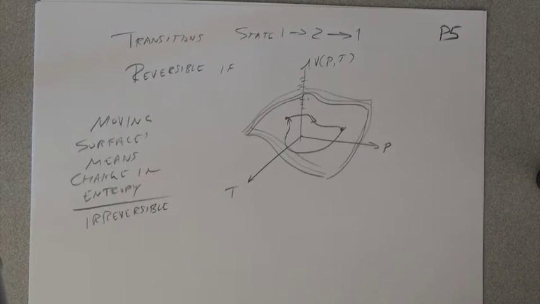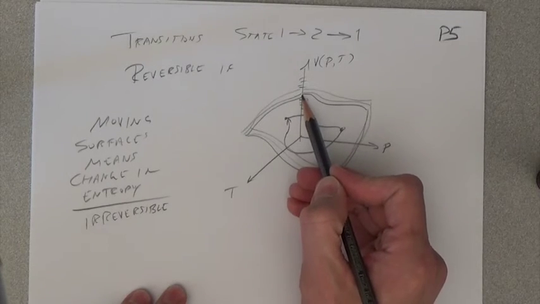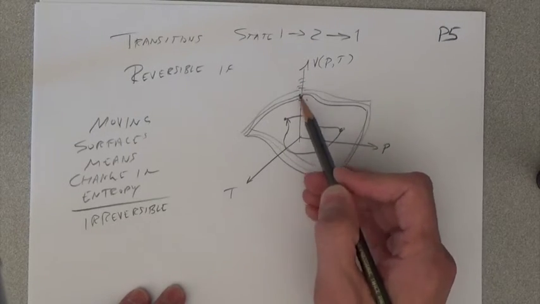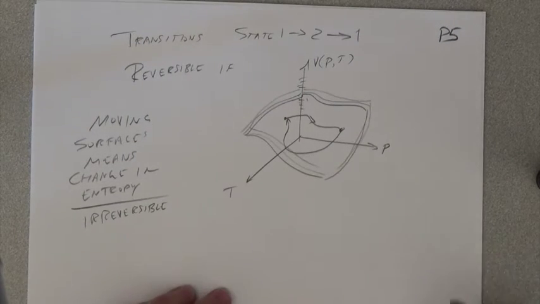But from a practical perspective, it just means that mathematically, to be reversible, you have to be on the same sheet, and changing from one surface to the next is a change in entropy.